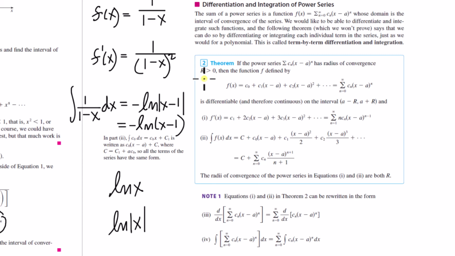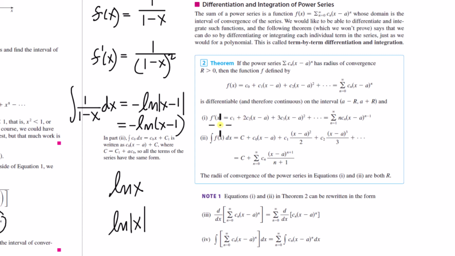So if it has a radius of convergence that's greater than 0, this includes negative infinity to infinity, then the function f defined by the power series formula is differentiable and therefore continuous on the interval, the entire interval except for the endpoints. That's what the theorem says, which we're not proving here.